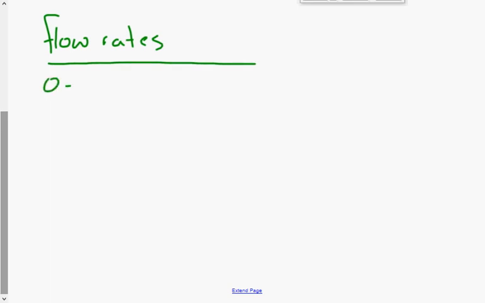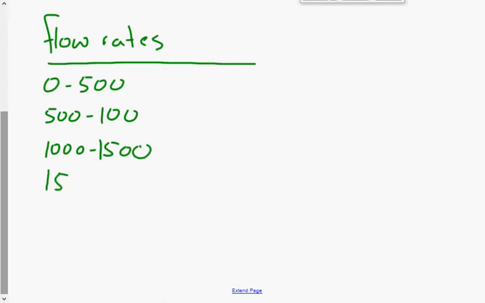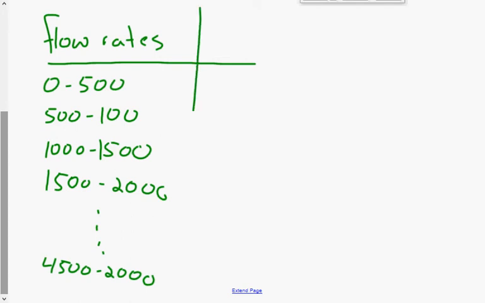It's like this: flow rates 0 to 500, 500 to 1,000, 1,000 to 1,500, all the way to 4,500 to 5,000.